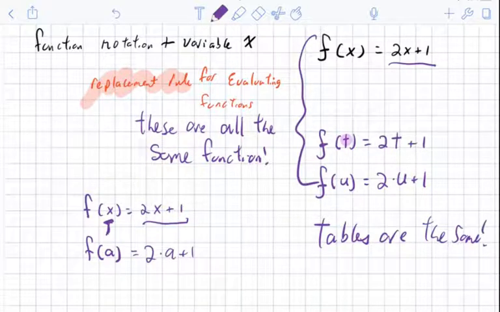Or f of a triangle. Every time you see an x in your original expression, replace it with a triangle. Triangle is the shape that describes the variable. It's just a symbol, okay? And this is actually a bonkers thing because it really opens up what we mean by a variable.